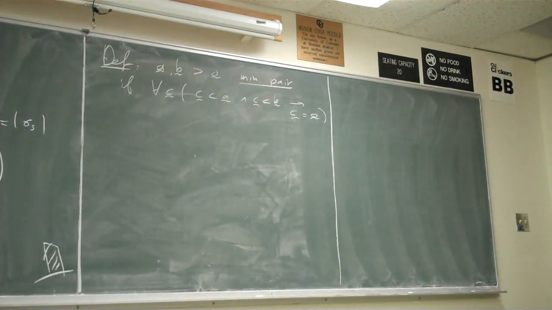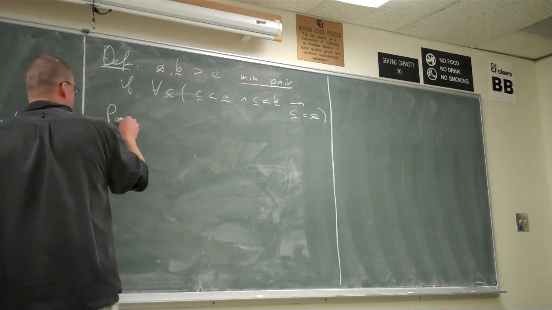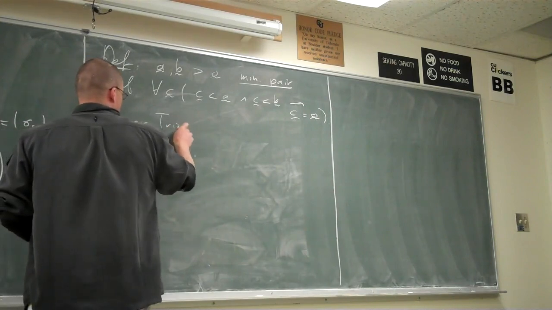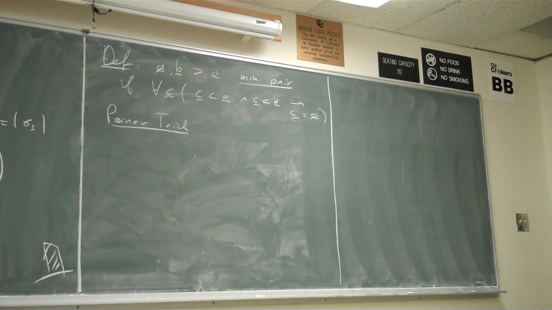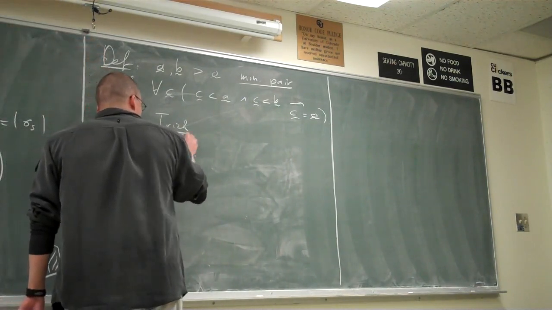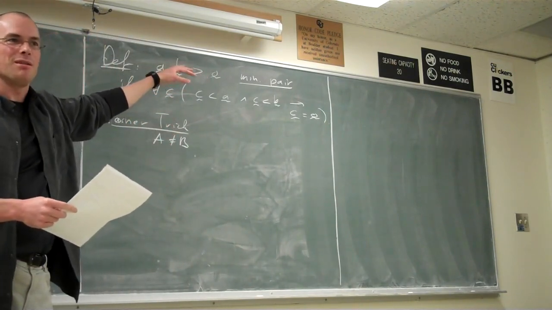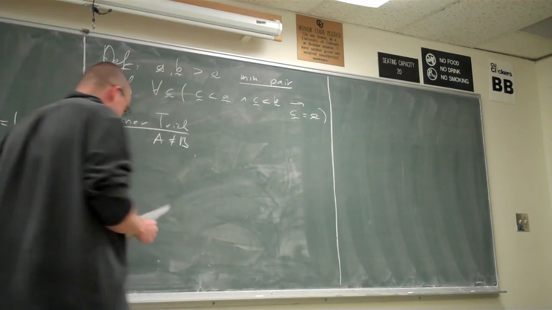So how do you do this? Well, you need to write down the right requirements, and people use this enough that I do want to say something about it. I am not myself that excited about it, but there is the so-called Posner trick, which says that if A is not equal to B, as is clearly needed in a minimal pair, the degrees should be different, so different sets.